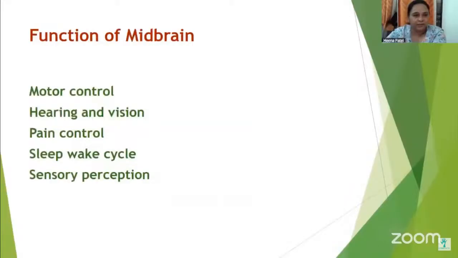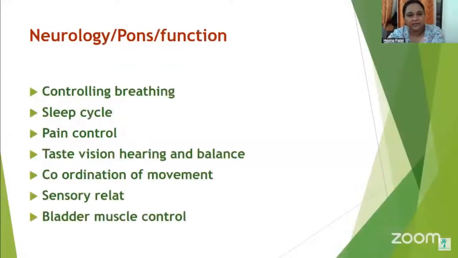And then there is the midbrain, which governs motor control, hearing, vision, pain control, the sleep-wake cycle, and sensory perception. Then the pons controls breathing, sleep cycle, pain control, taste, vision, hearing and balance, coordination of movement, the sensory system, and bladder muscle control.